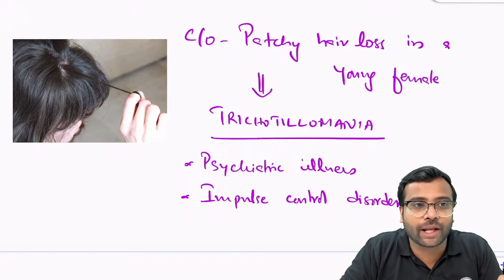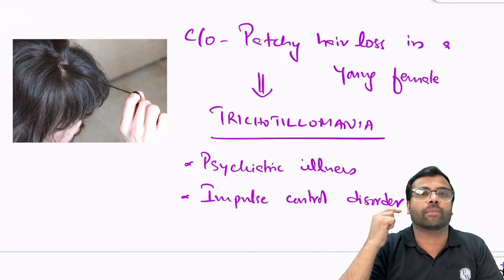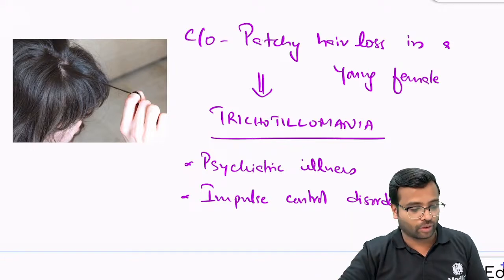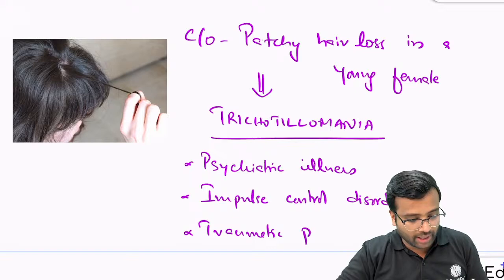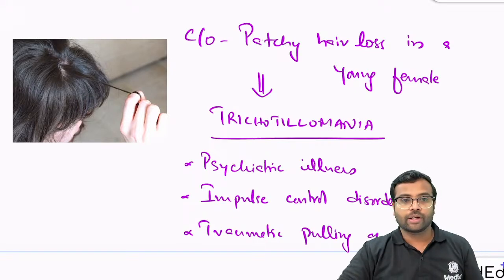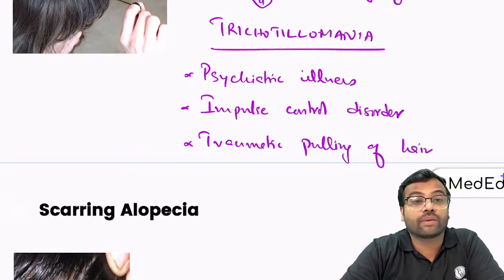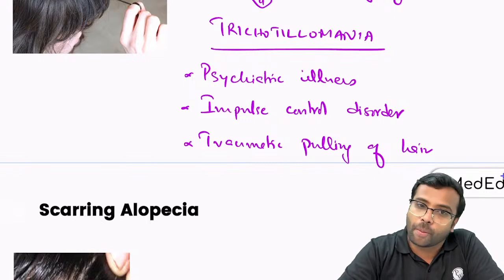And in this patchy alopecia, if you closely examine, you can see some perifollicular hemorrhages as well. Why? Because there is a traumatic pulling of the hair. So that is going to be a type of diagnosis which is called trichotillomania.